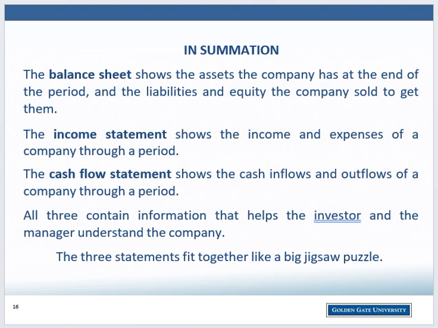The income statement shows the income, the profitability, revenues, and expenses of the company, and the cash flow statement shows cash inflows and outflows, and specifically how the cash flow is doing through operations, through investments, and through financing. These three statements fit together, and with these three statements plus the stockholders' equity, you will have a very good picture of the health of the company.